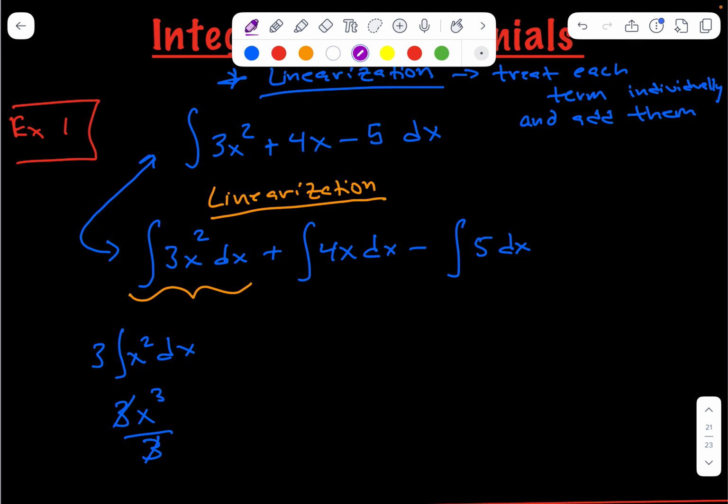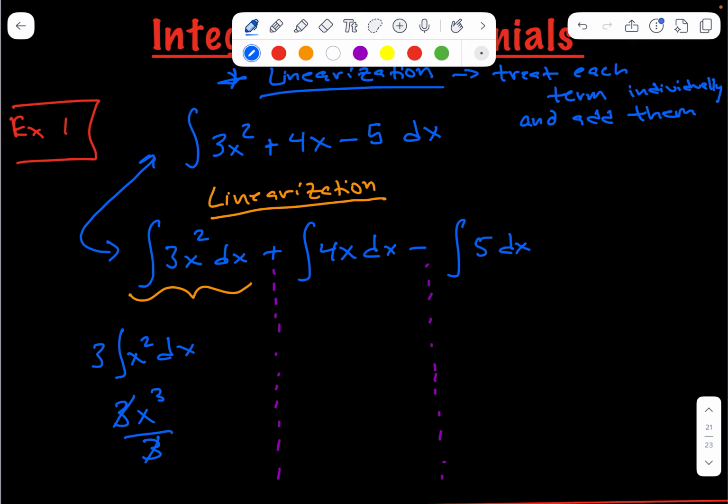One thing I like to do, just because I like to be kind of neat, is every time there's an addition or subtraction sign, I like to draw a line underneath just to keep things separate, and then later I can see, oh, I'm adding one thing to the next.